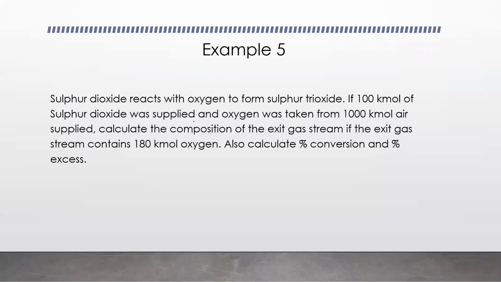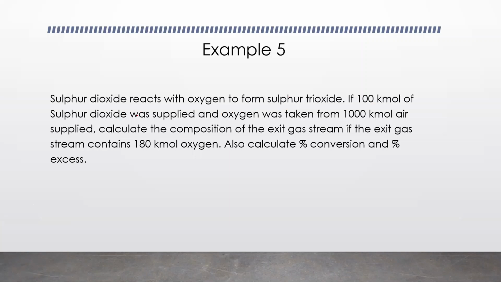This is another question. Go ahead, pause the video and try to solve this problem yourself. Hope you could solve this problem yourself. If you could not, then let's see how this problem is done. Sulfur dioxide reacts with oxygen to form sulfur trioxide.